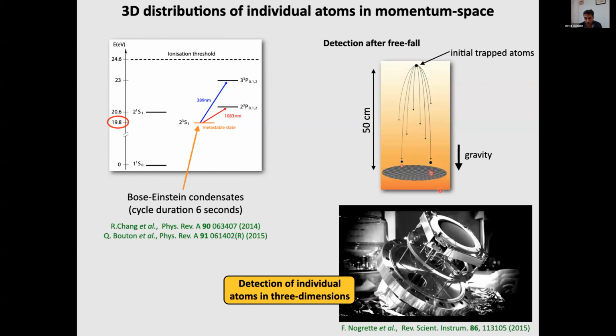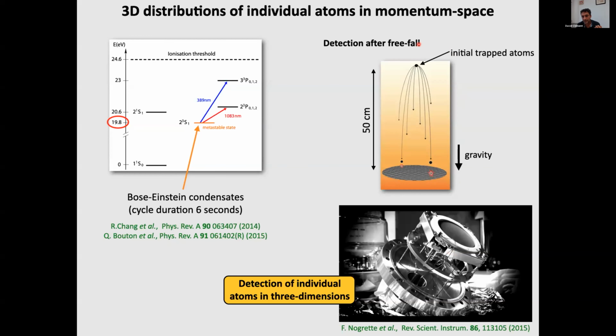What is more is that the detector, which looks like that, has this disk here, called a microchannel plate, and below a so-called delay line anode, which allows us to not only detect atoms one by one, but measure the position x, y in the plane of the detector and the time of arrival. So therefore, we have for each individual atom the three coordinates.